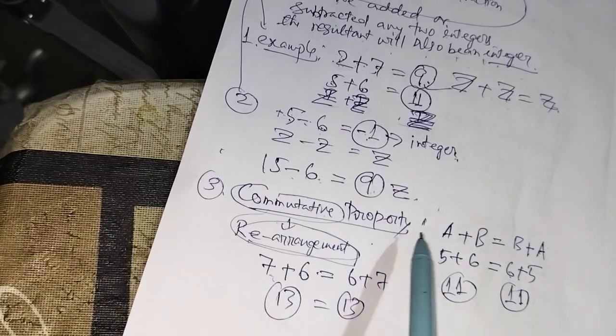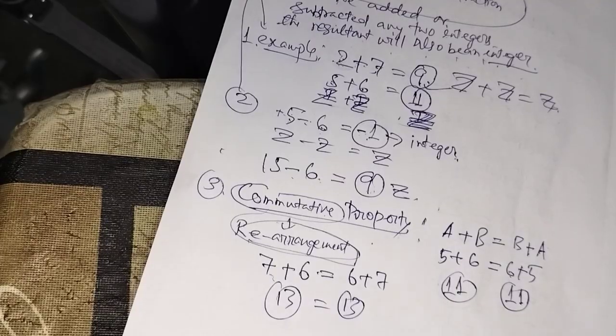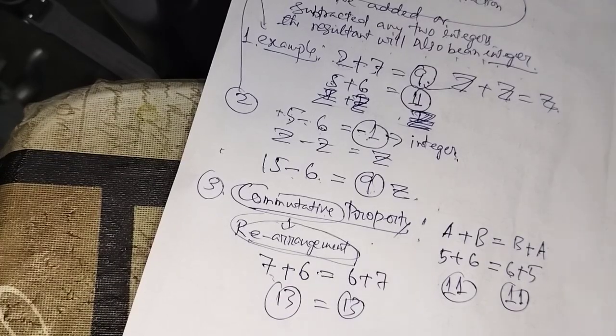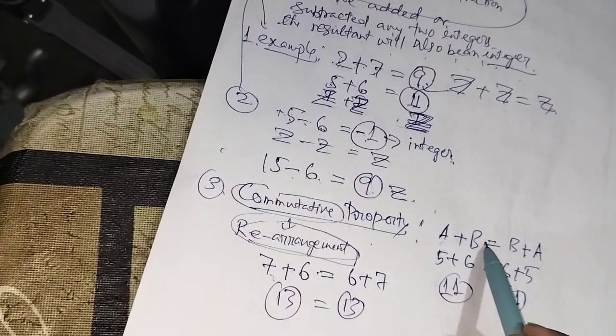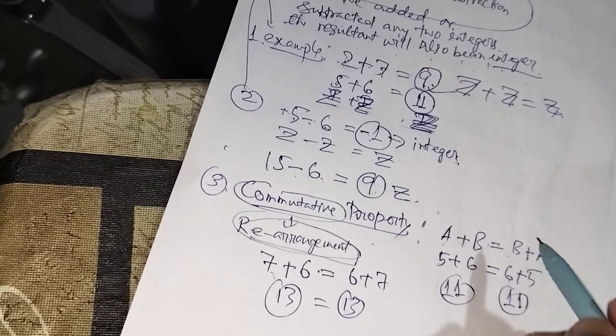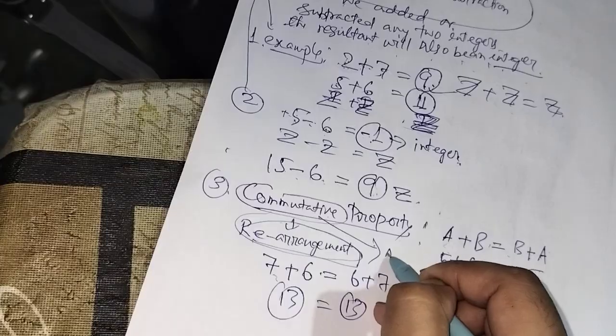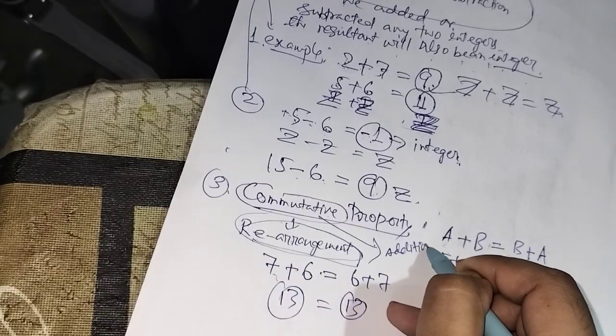And the commutative property says that we can write the integers in any order. Any order: a plus b, we can write b plus a. This is the commutative property under addition.